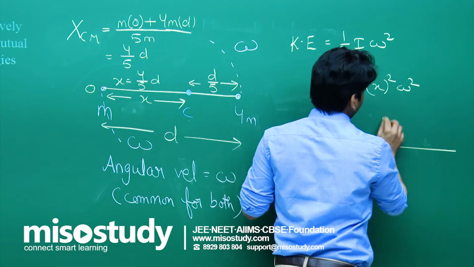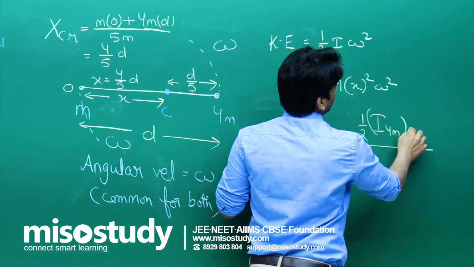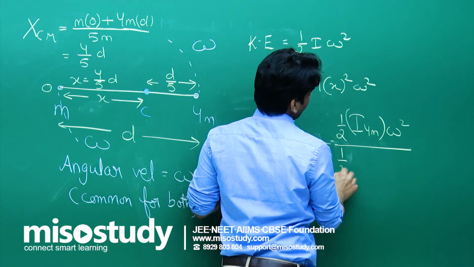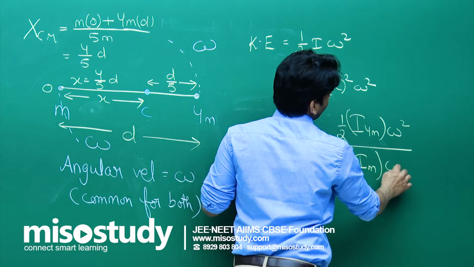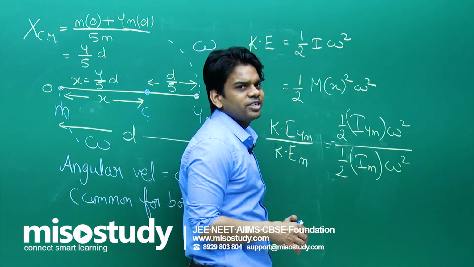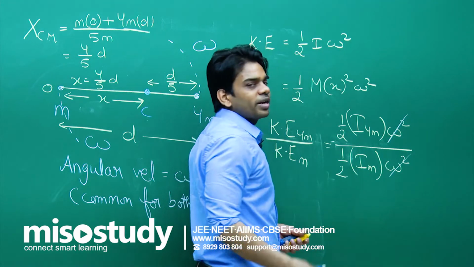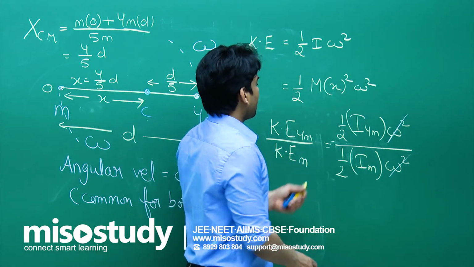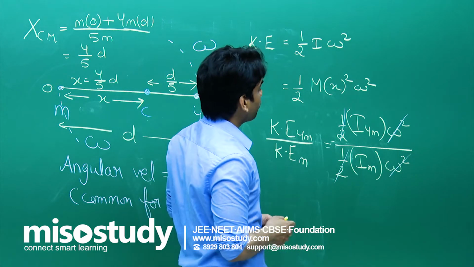So half I of 4m multiplied with omega square, and half I of m multiplied with omega square. Both will have different moments of inertia. Omega and omega square will be common and can be cancelled out. Half and half can also be cancelled out.